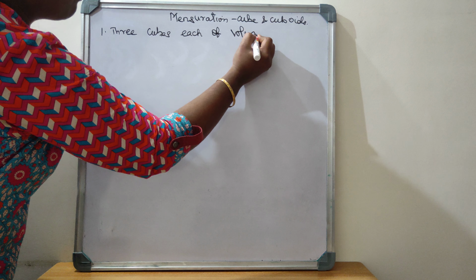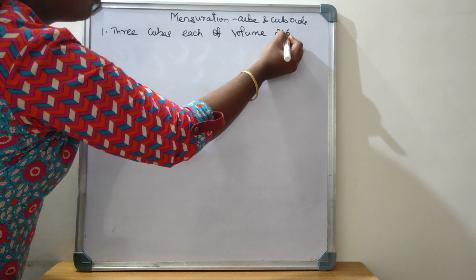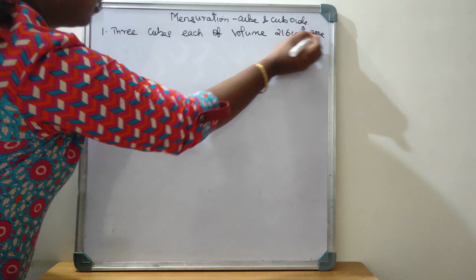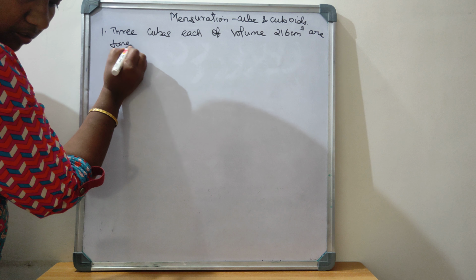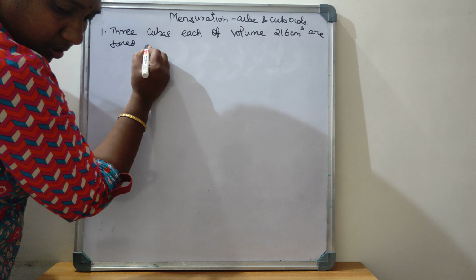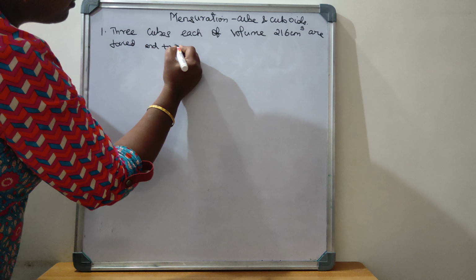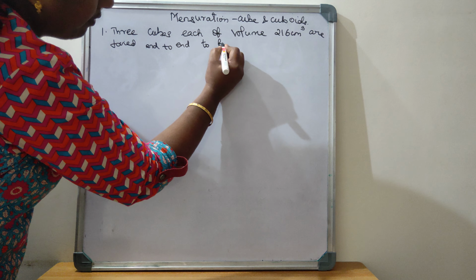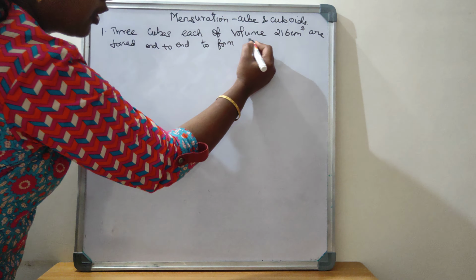Three cubes each of volume 216 centimeter cube are joined end to end to form a cuboid.